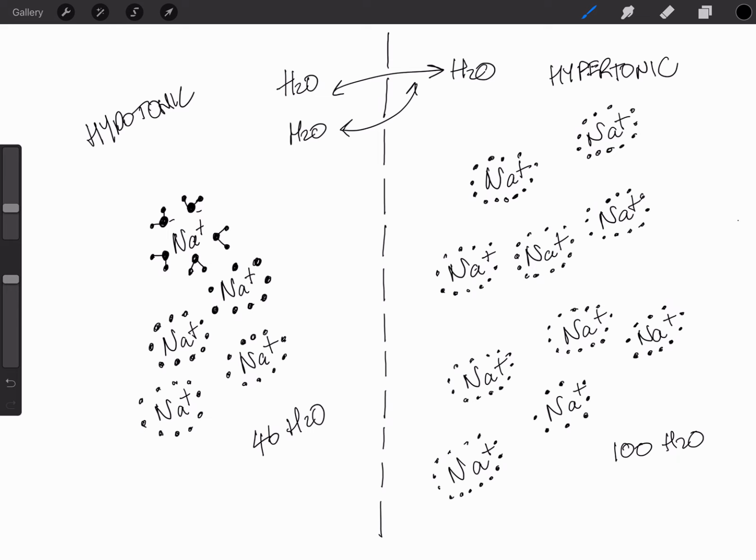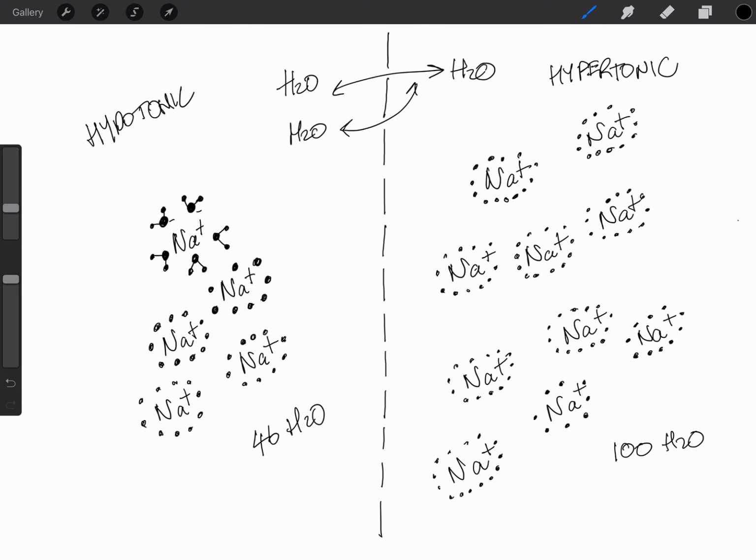If we think about a little graph to represent the different amounts of water on each side, in terms of the total amount of water, it's the same on each side. But on the right-hand side, more of the water molecules are associated with the sodium than on the left.